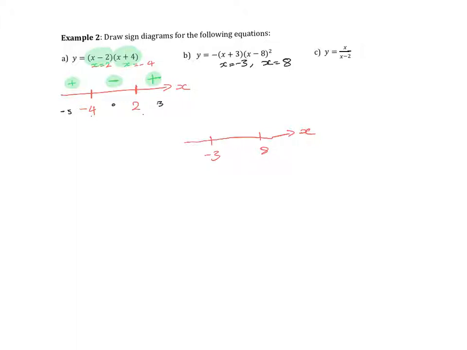In other words, since this factor here has an odd power of invisible 1, we expect it to change signs around the corresponding x-intercept of -3. So we're expecting it to change signs about -3.